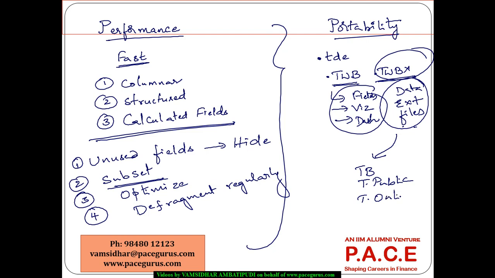Only the packaged workbooks can be published, not the standalone workbooks, which means portability becomes more and more comfortable when we are using an extract compared to a live connection.